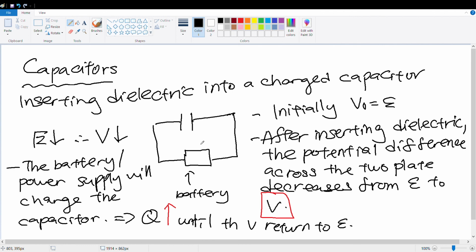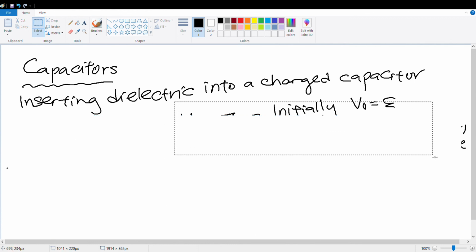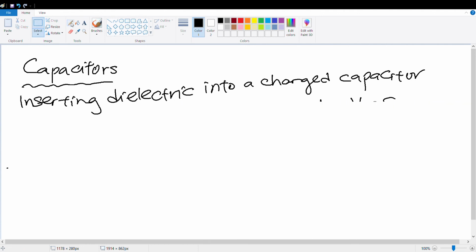Okay, so in this case, I can say that my V is actually constant. My V is equal to the electromotive force. Although V varies due to the dielectric being inserted, the final potential difference that we obtain is this electromotive force.